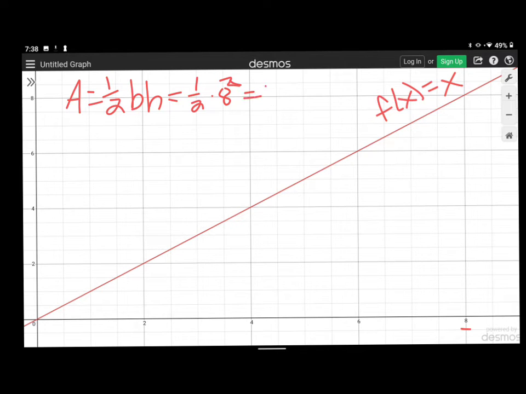So that would be 32. And if you think about the antiderivative of our function, you go up 1 and then divide by that: 1/2 times 8 squared. So that's the relationship that we're looking at.